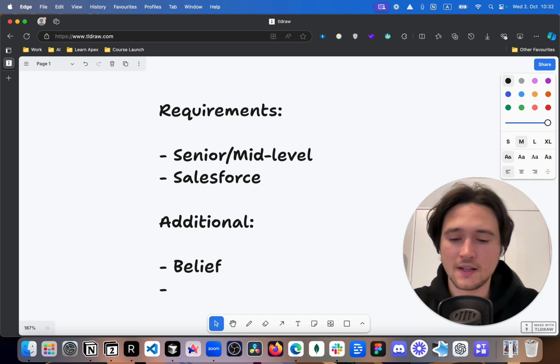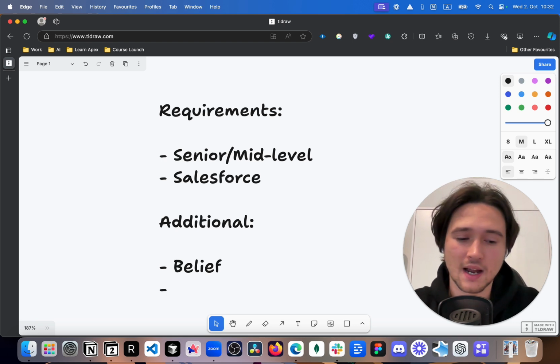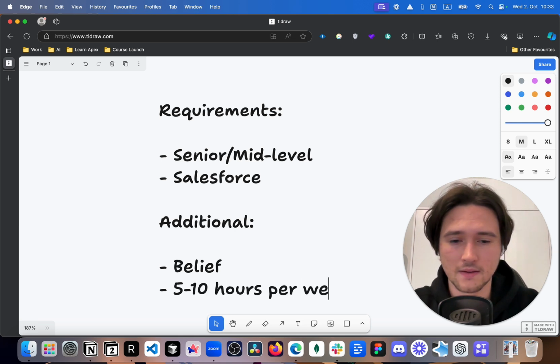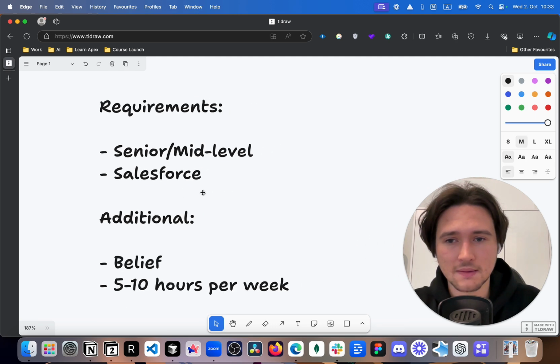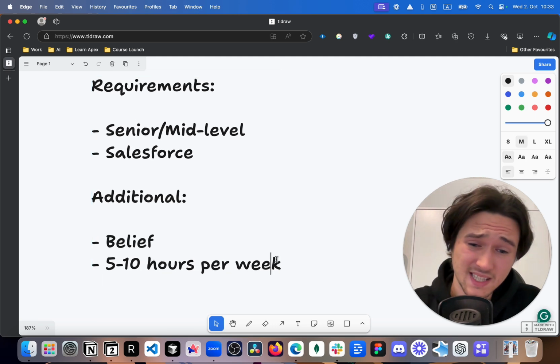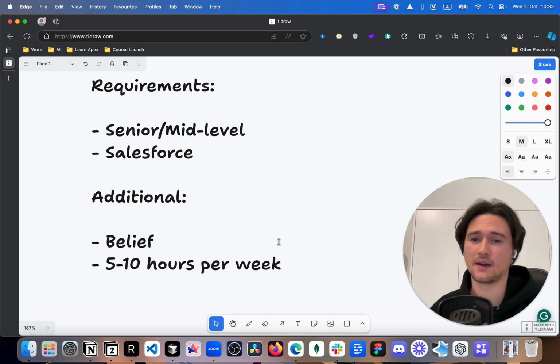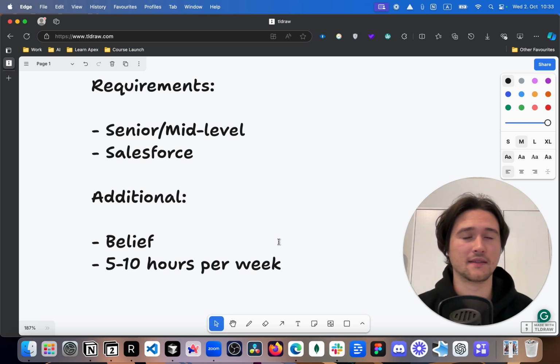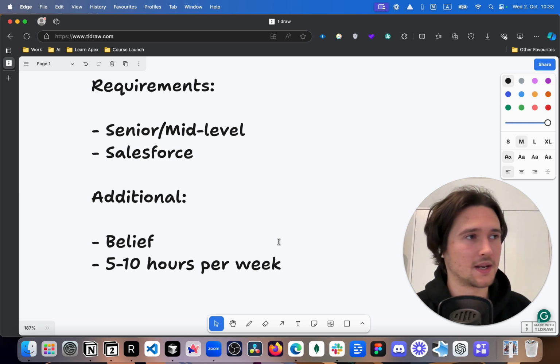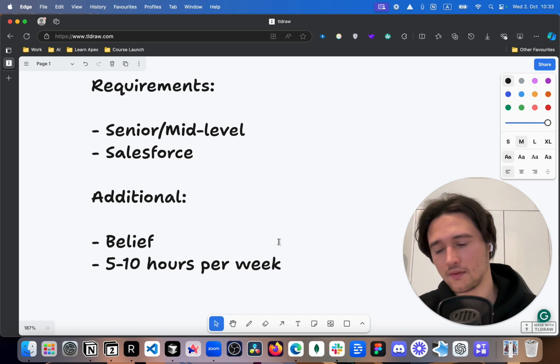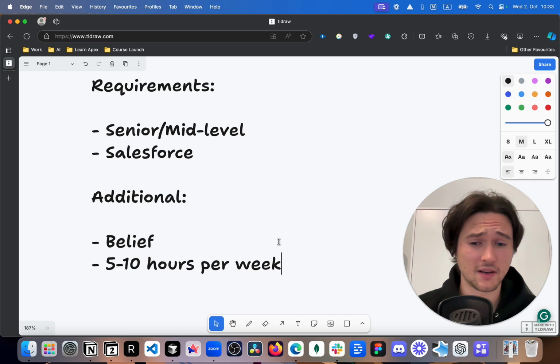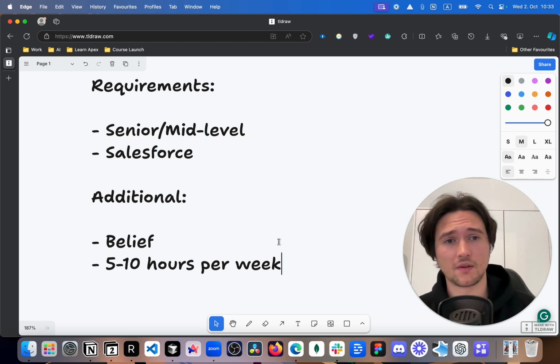And another thing is that you need to have at least, I would say, the sweet spot is 5 to 10 hours per week. Is it much? It kind of depends on your job, right? If you're working as a consultant, for example, and you're spending 60 hours working, probably gonna be super hard for you to pull that off.